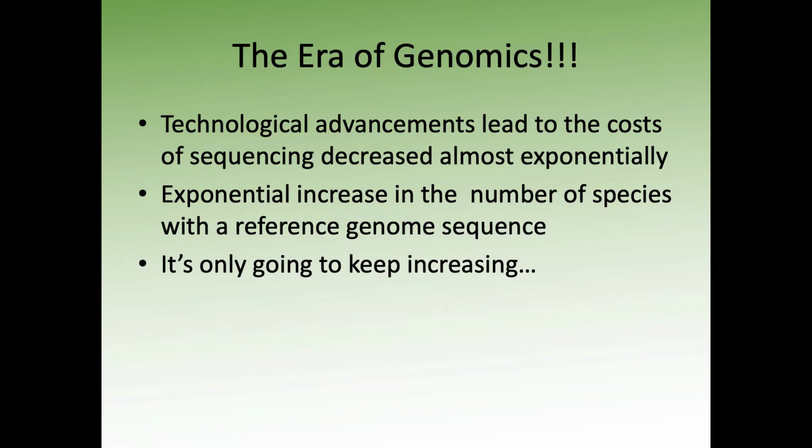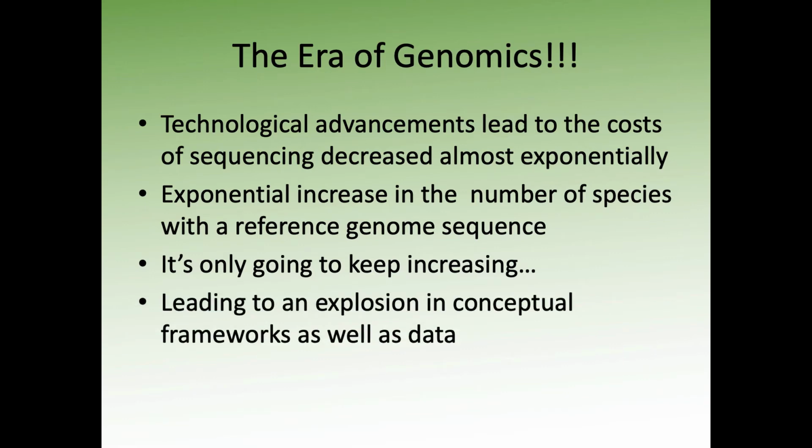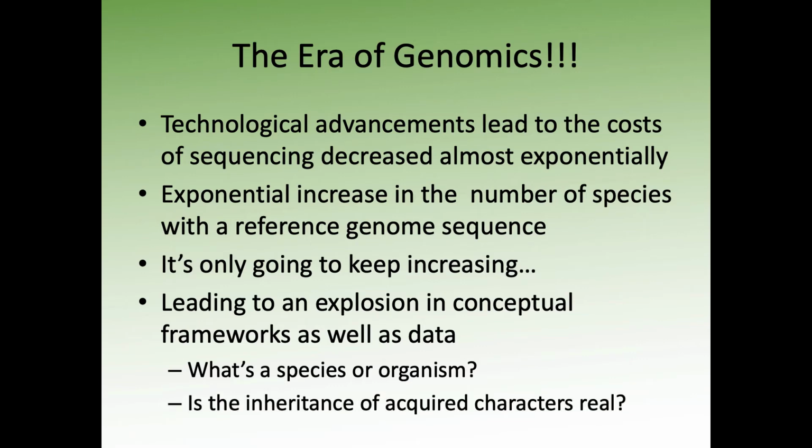So this process is just going to keep on increasing, and this not only led to a lot of increase in data, which was much easier to acquire, but it really led to a revolution in terms of the conceptual frameworks that we're able to think about, and big questions like what's a species, or what's an organism, or is the inheritance of acquired characters real?